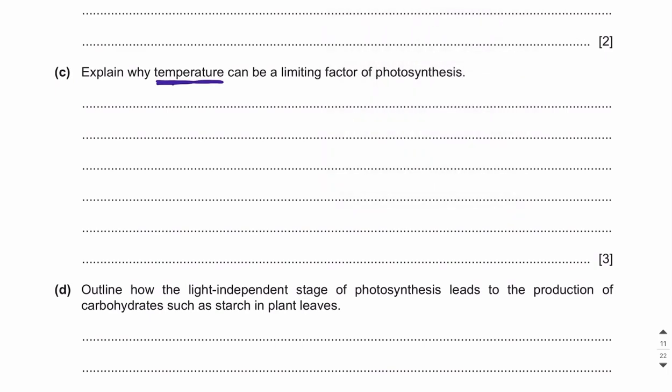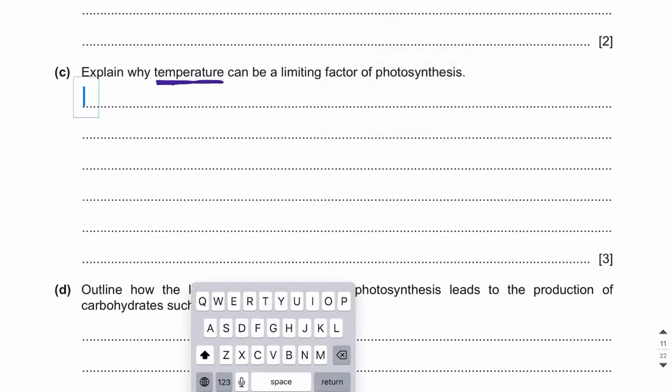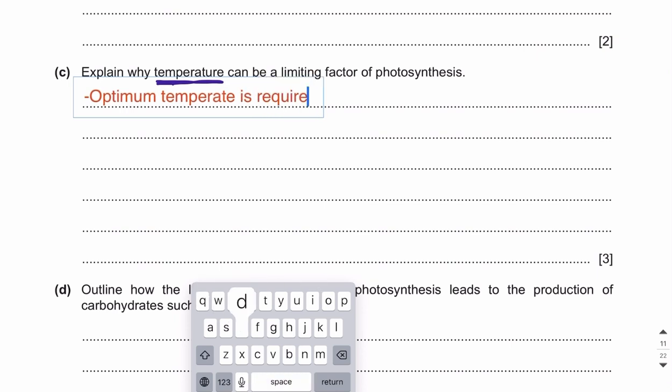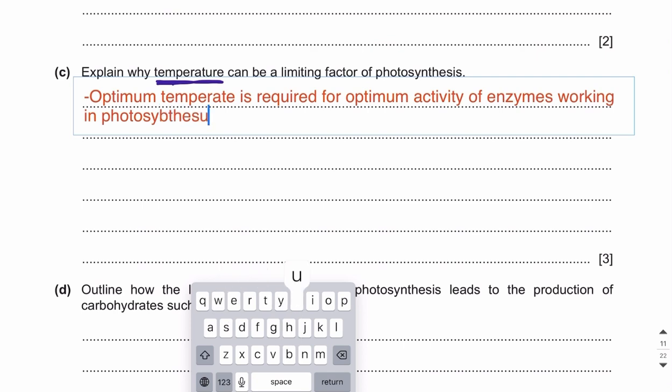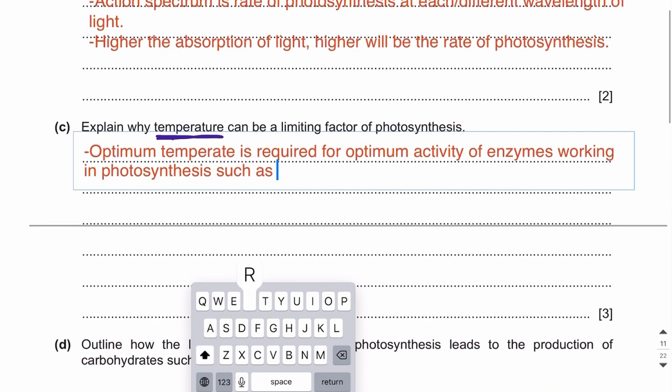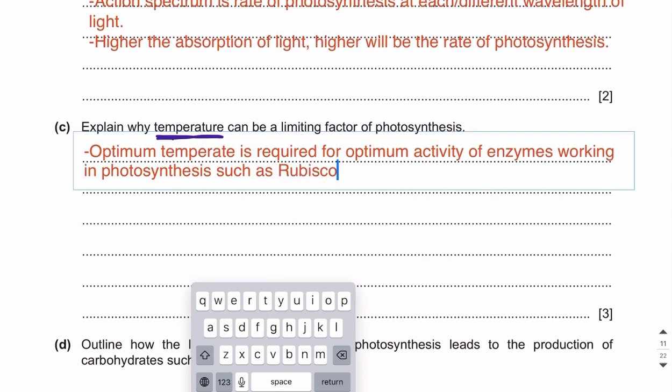So we can say that optimum temperature is required for optimum activity of enzymes working in photosynthesis, and these enzymes are such as what? Rubisco, ATP synthase, etc.